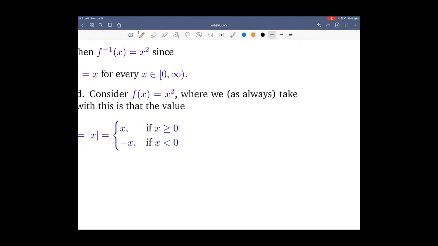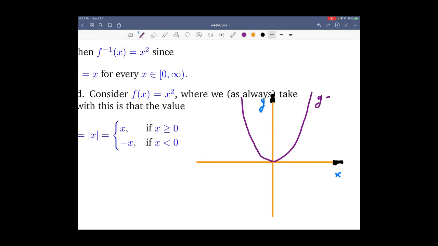It's easy if we visualize this. Here's our function x squared, and here is what happens. You can see immediately it doesn't pass the horizontal line test.